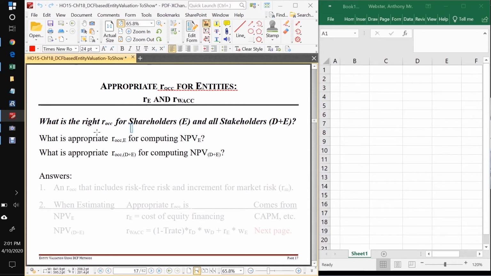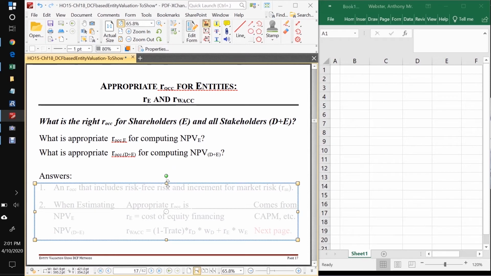So what is the right opportunity cost of capital in these two cases, valuing for owners, valuing for everybody? When we're looking for owners, we'll call that ROCC comma E, meaning opportunity cost of capital for just owners. And when we're valuing the entity for everyone, we'll call that ROCC D plus E. Okay.